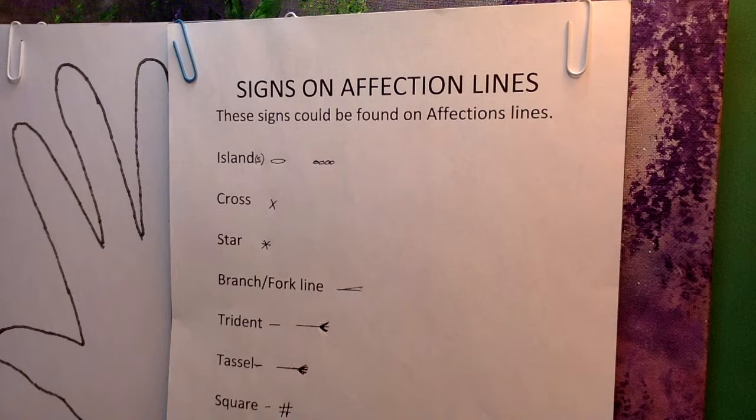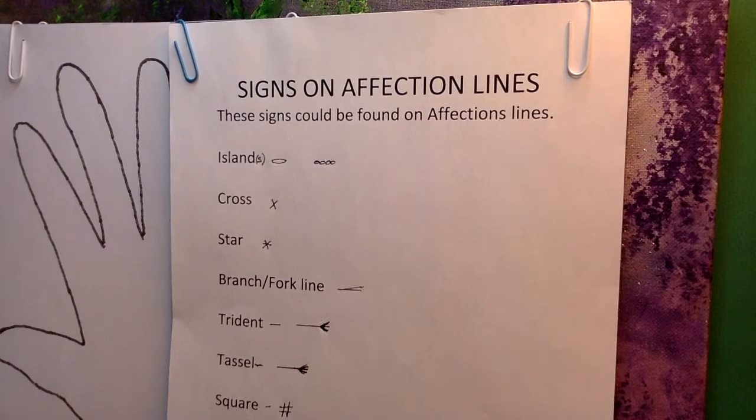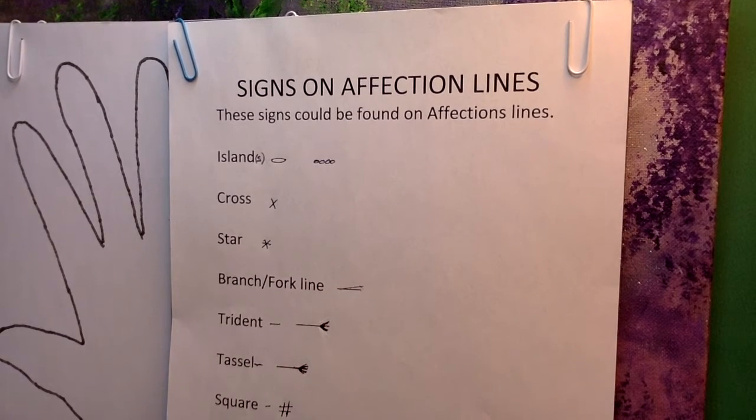As you see on your screen, it says signs on affection lines. These are the signs that could be found in various relationships on the affection line. It could also be referred to as the marriage line or the relationship line, but we will be calling it the affection line. Okay.